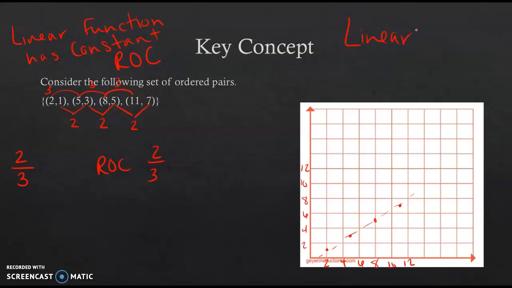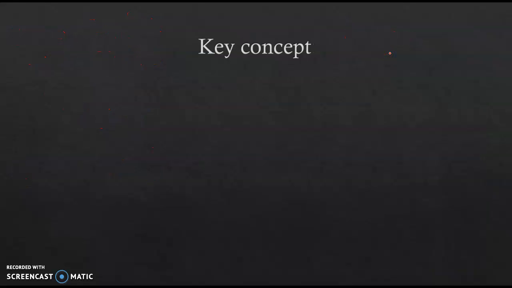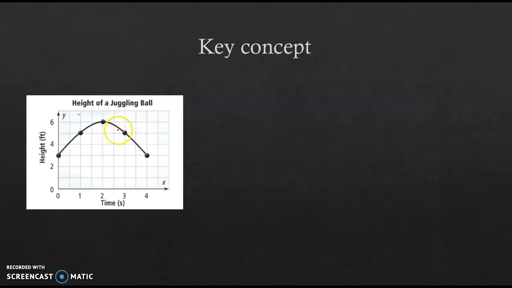And so a linear makes a line. Right? Line is in the word itself. The following creates a curve. And so if it's a curve or it's not one straight line that goes on indefinitely, then it is nonlinear.